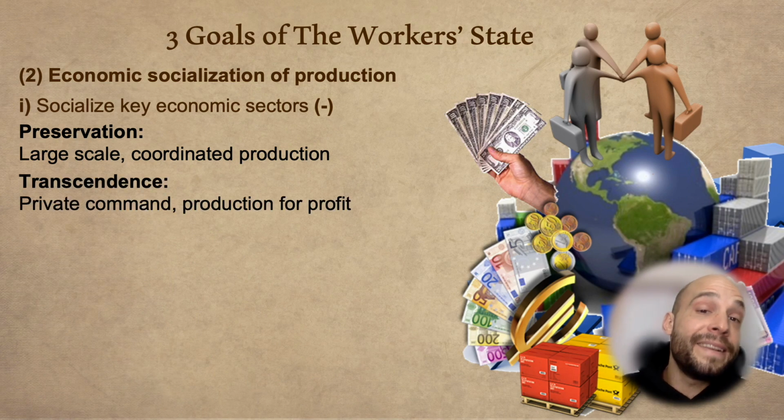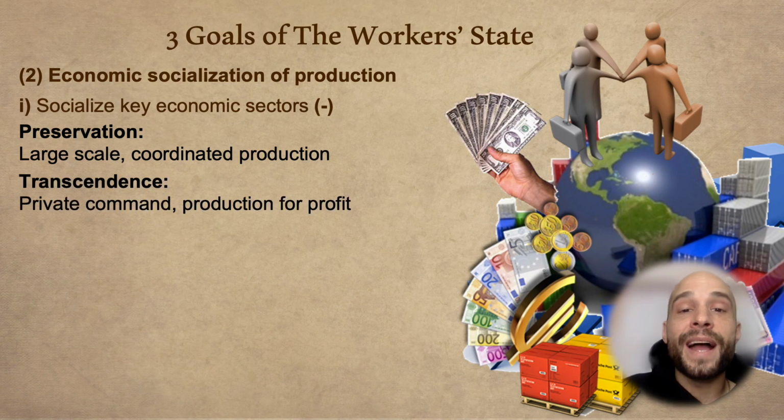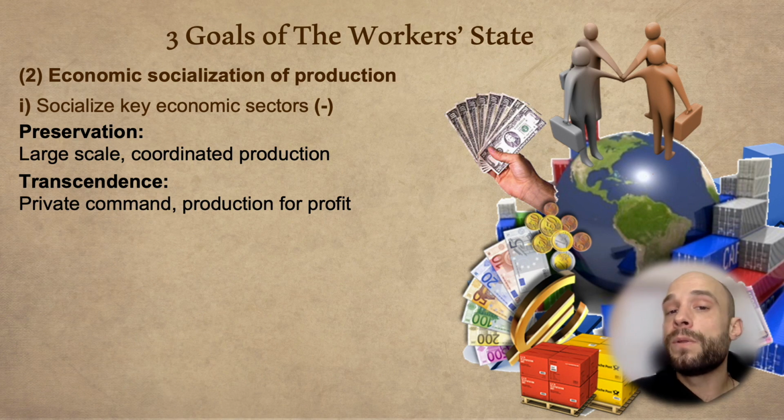What's transcended is really important. It's the private ownership and unilateral control over these socialized capacities. Railways, ports, energy grids, finance, utilities, and major industries no longer operate solely according to the logic of private profit.